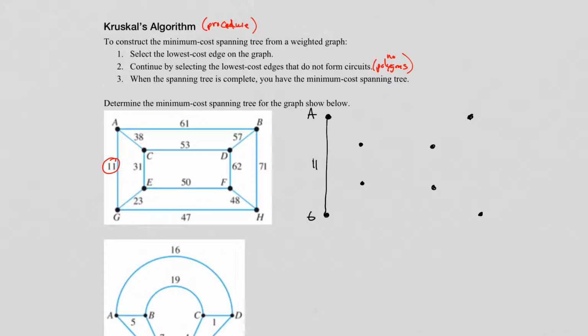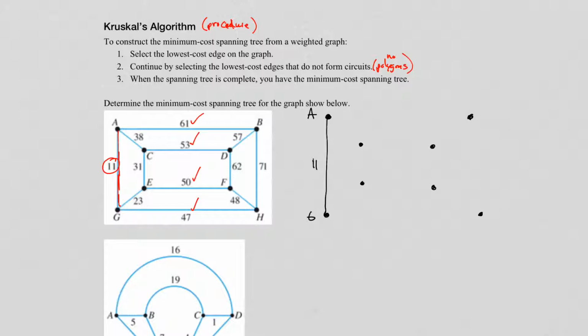Now, from G, we can go to either E or H or both. And if you look at the numbers, now you're going to compare. We're trying to get to the right side. And if you compare 47, 50, 53, 61, the lowest out of those 4 would be 47.